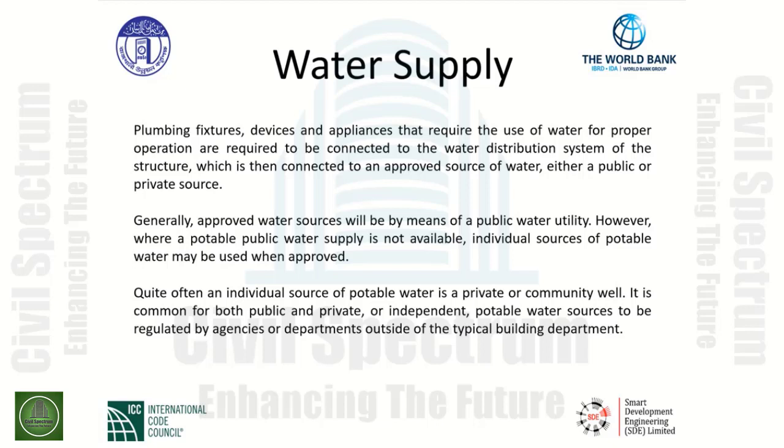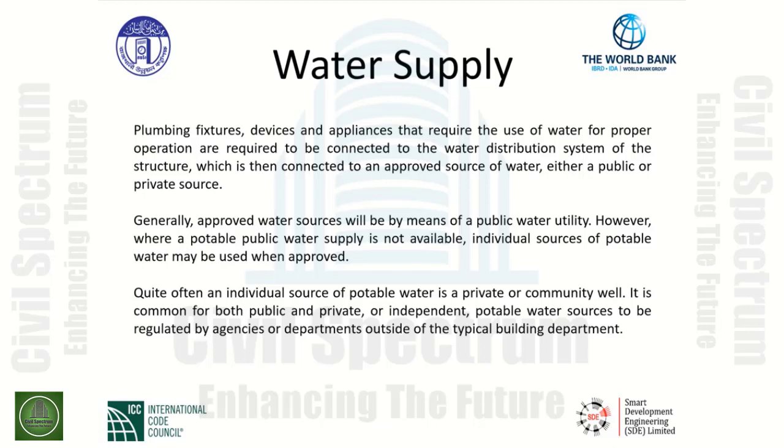This is typical if there is no public water in the area of a proposed building. You would submit to the authority plans and specifications based upon the requirements set forth in this particular code for approval of that particular private water supply.